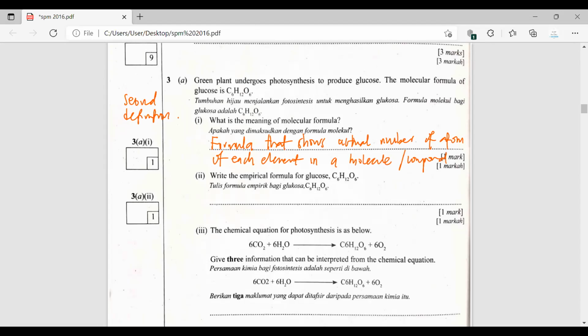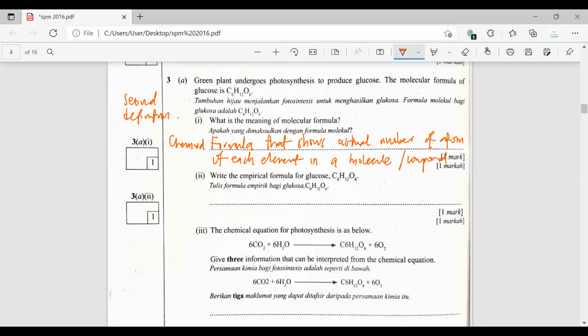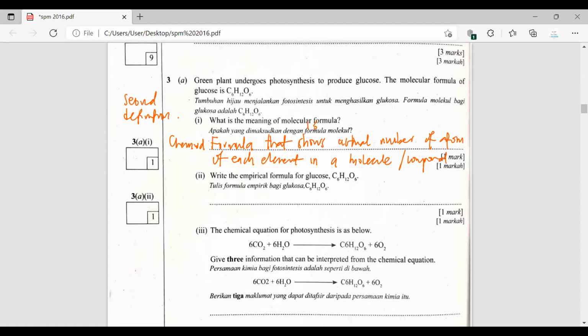Now I want to ask you a question. Can I say a chemical formula, I don't have the word shows, and I put that is the actual number of atoms? Can I use the word is?